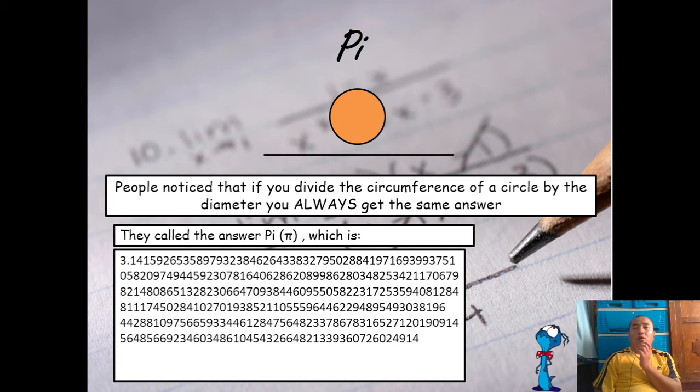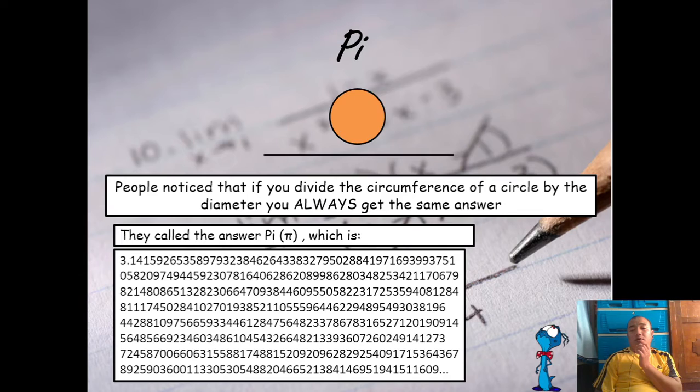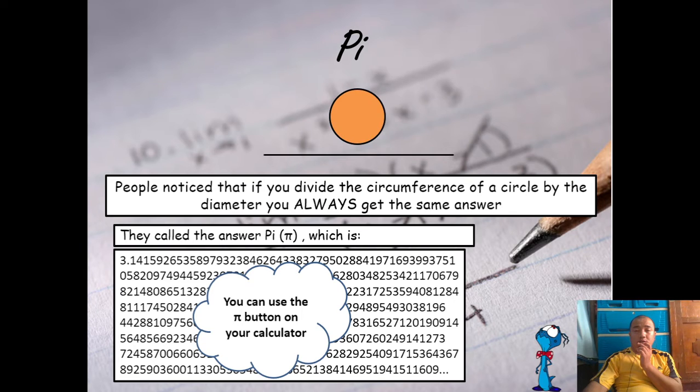This is true of every circle. Circumference divided by the diameter is always equal to pi. So you can use the pi button on your calculator, which a scientific calculator also has.